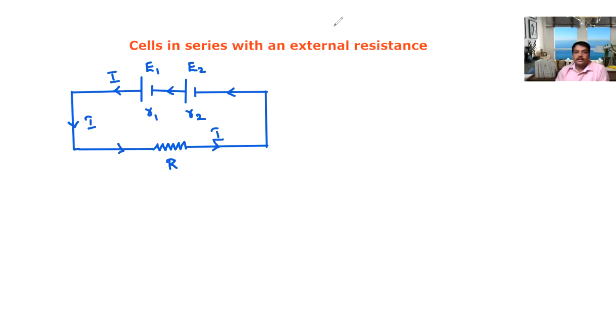Now let's write the terminal voltage across each cell. Voltage across the first cell, terminal voltage V1, is equal to, as current flows from negative to positive terminal, the EMF across the first cell minus I R1, where R1 is the internal resistance of the first cell.